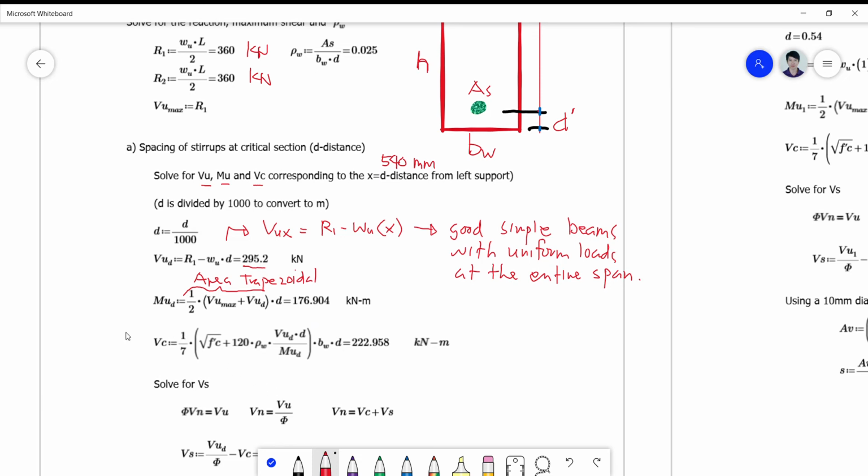So we can now apply the formula for VC, which is a detailed formula by the NSCP or the ACI.